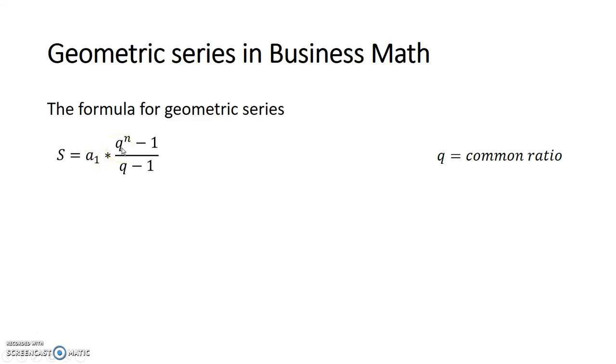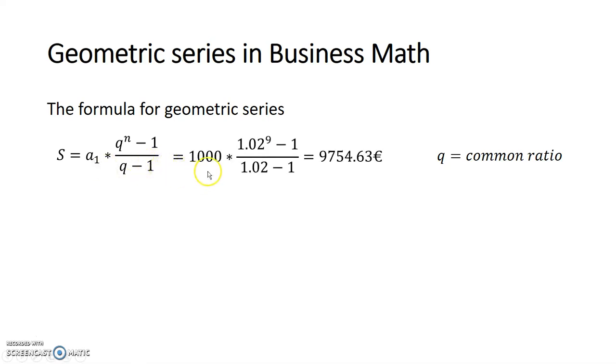Also, another thing, the Q was the common ratio, so the value you multiply or divide to go to the next value. So now it is the 1.02 in our case. So 1 plus rate. So that's another reason why it is reasonable to start the series from the latest deposit towards the older ones.